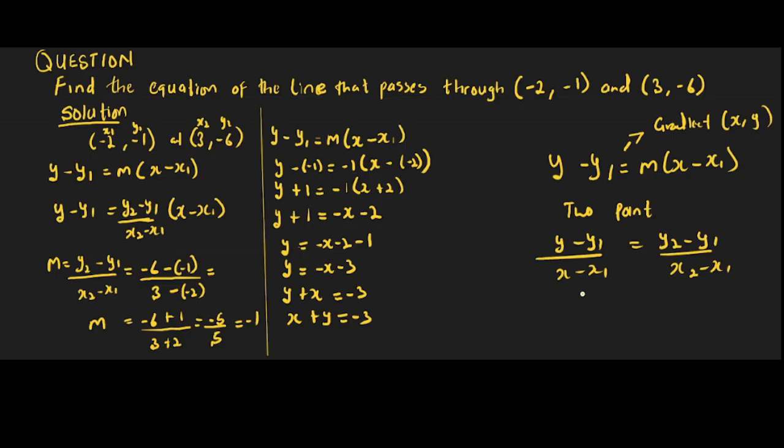You can also make use of this formula to find the equation of a line when you have 2 points. We also have the same answer. So we have solved for the equation of a line making use of this approach.